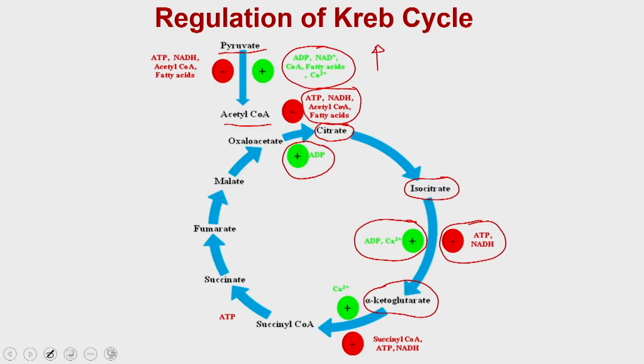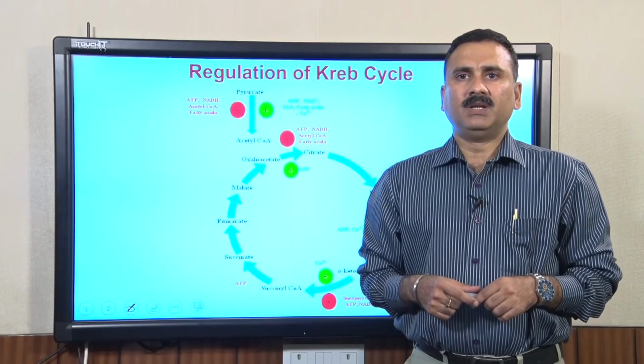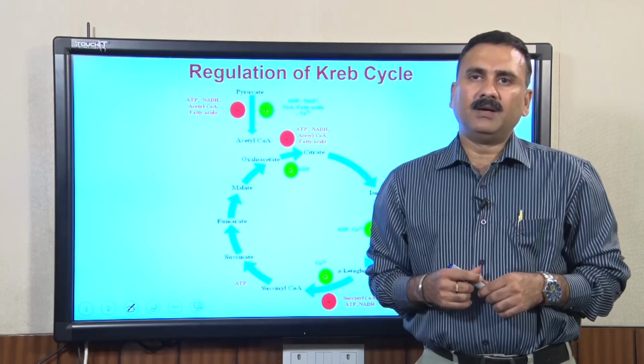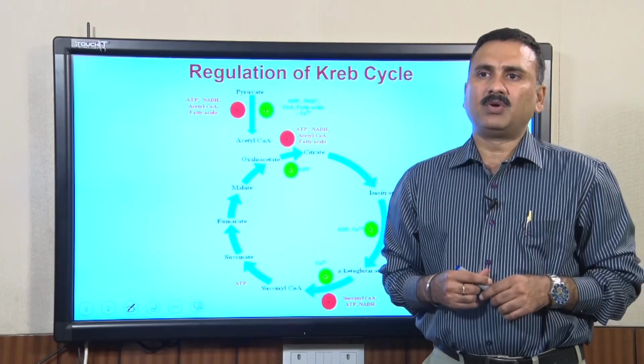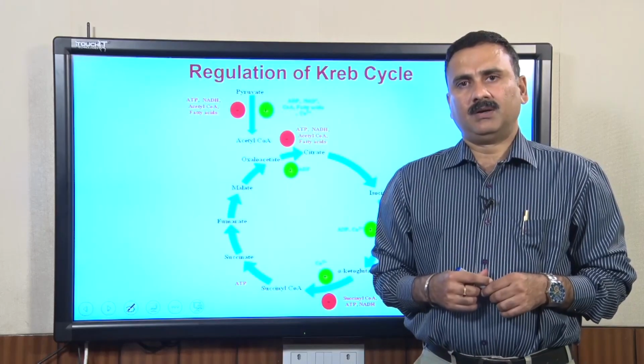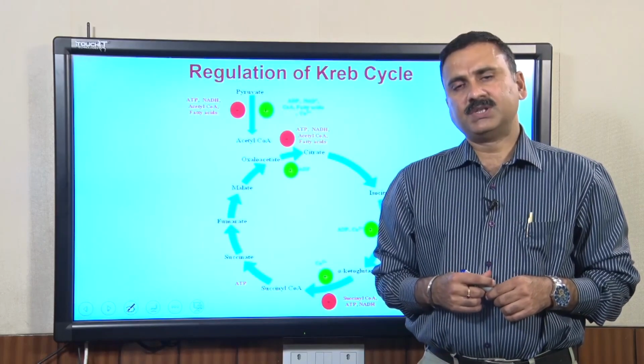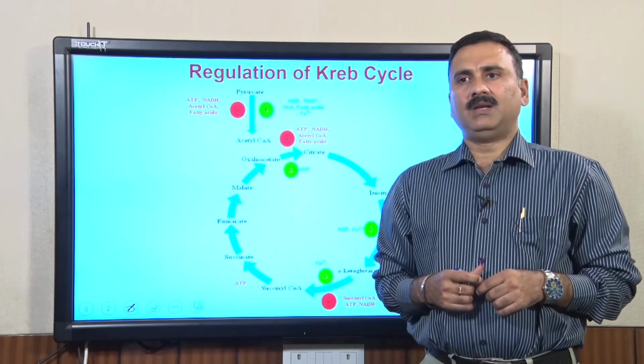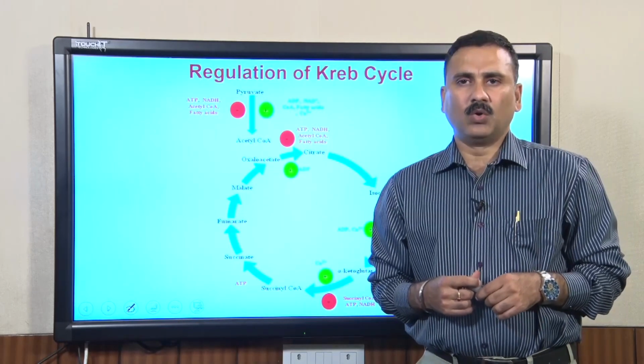So, let us continue our discussion about the Krebs cycle. What we were discussing is that the Krebs cycle is under tight control, where the various substrates as well as the products cause feedback inhibition. And the question comes, why is the Krebs cycle so tightly controlled?